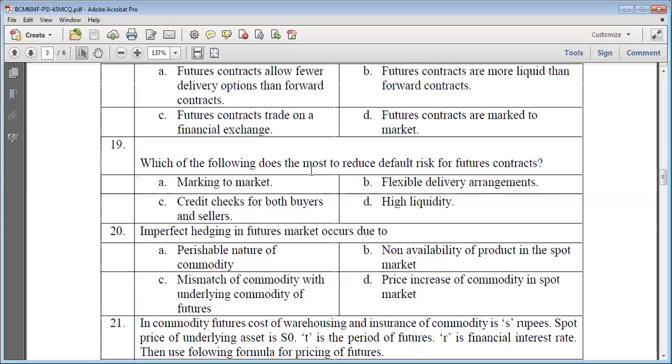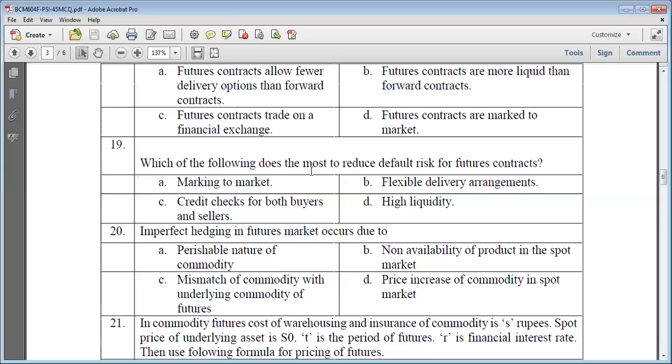It is due to some mismatch in the derivative contract. That means whatever underlying asset is available in the derivative and whatever asset is in my hand for reducing risk, their nature may differ. So let us see what options are available.